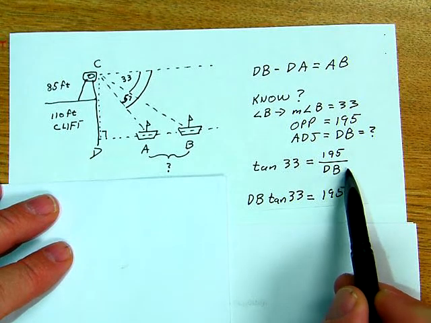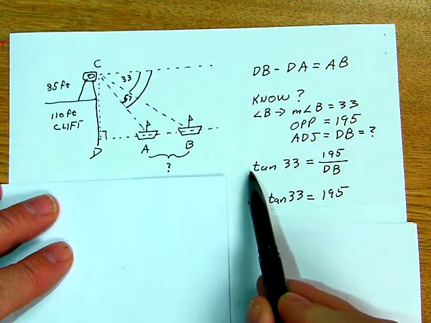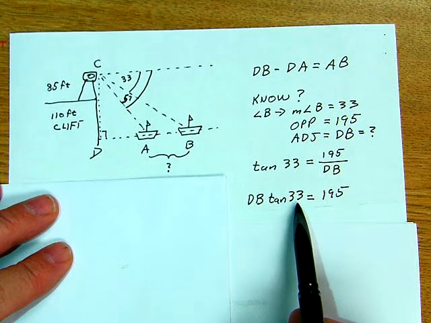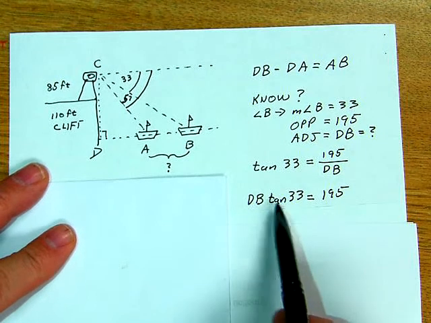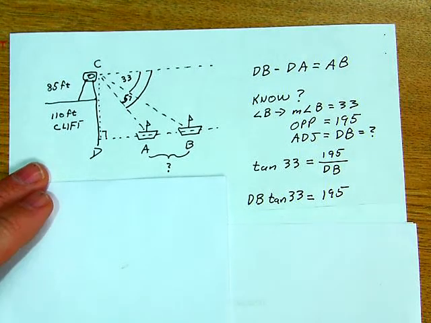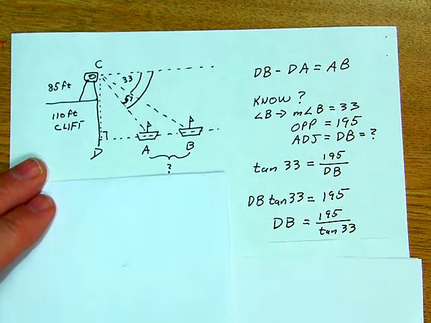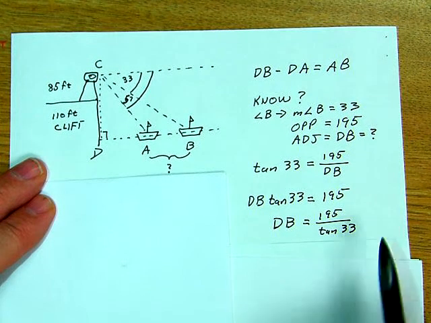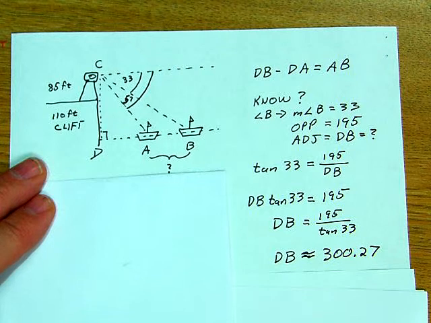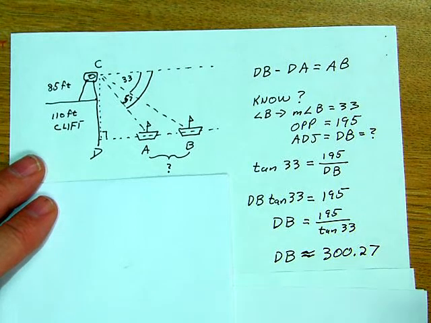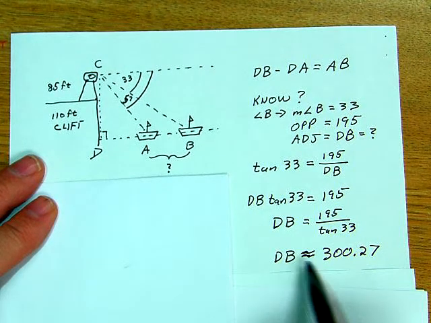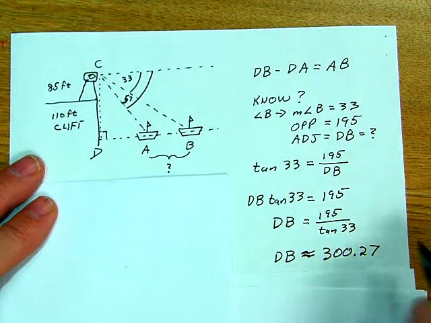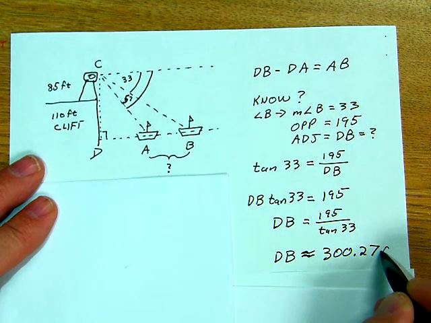I multiply both sides by DB, so I'm left with DB times tangent of 33 degrees is equal to 195. Now I divide by tangent of 33, and DB is equal to 195 divided by the tangent of 33. If you do that calculation on your calculator, DB turns out to be approximately 300.27, and remember this is in feet, so I could write feet here.